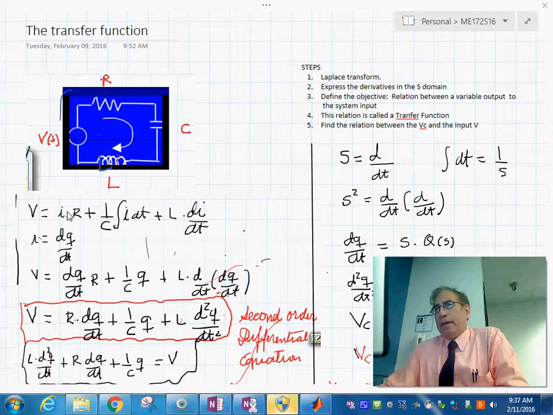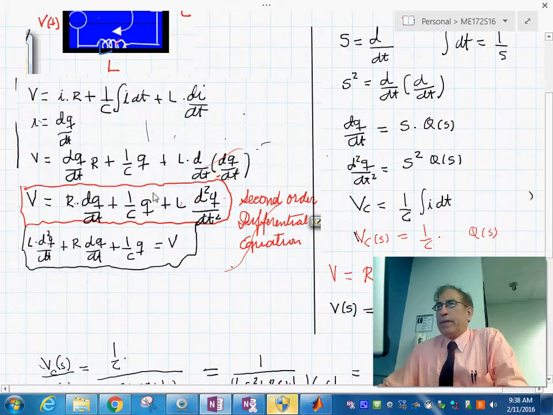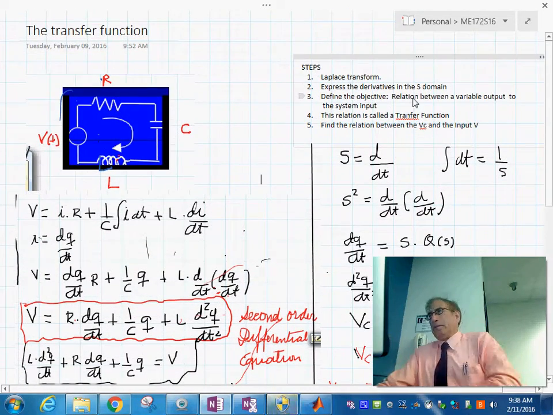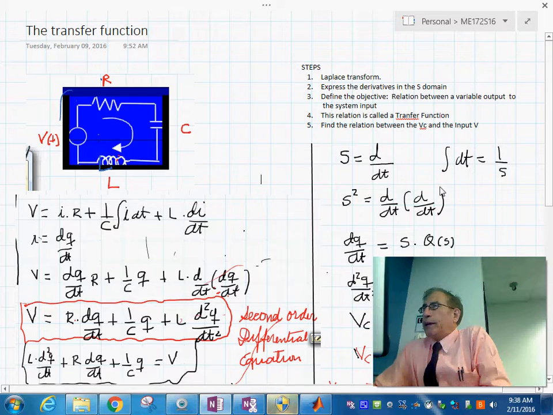The voltage drops for the R element, the C element, and the L are over here. Then we say that I is dq/dt, and we put the equation in terms of the charge, which brings us to a second order differential equation as expressed over here. We wrote some steps on how to go about finding the transfer function.